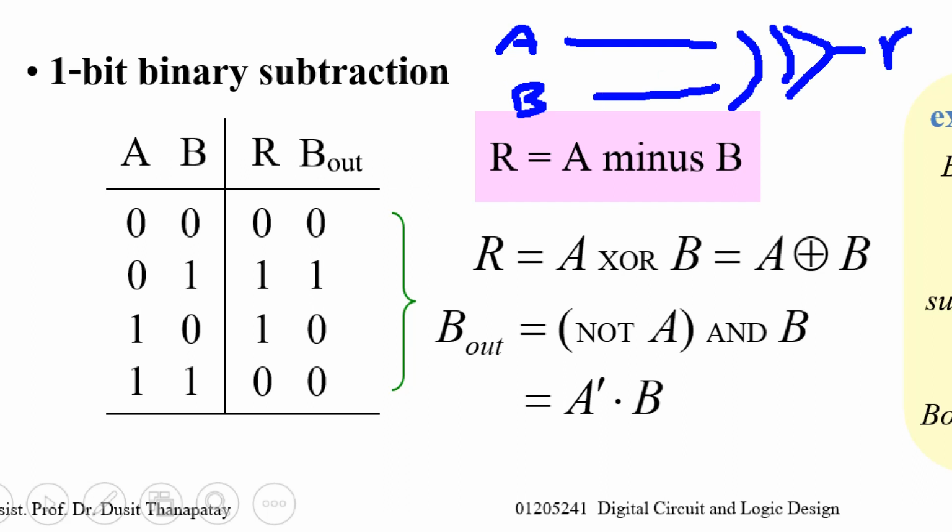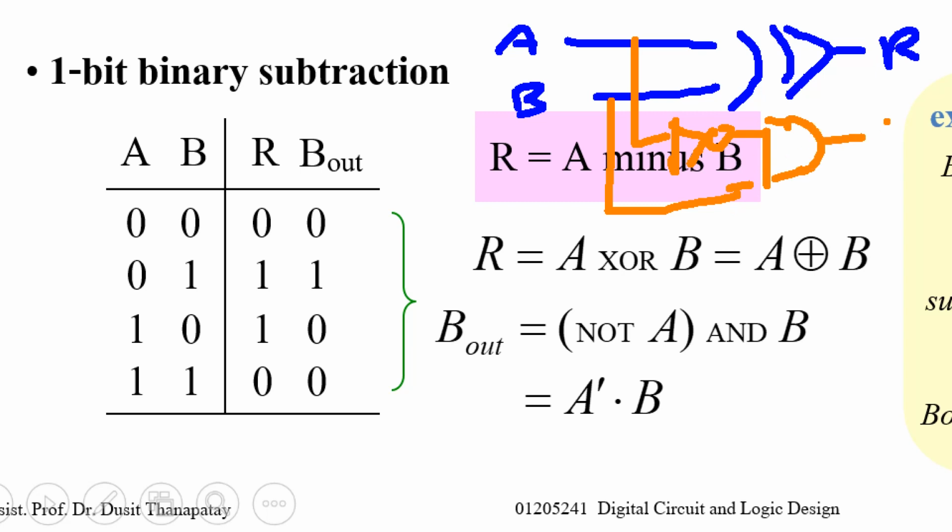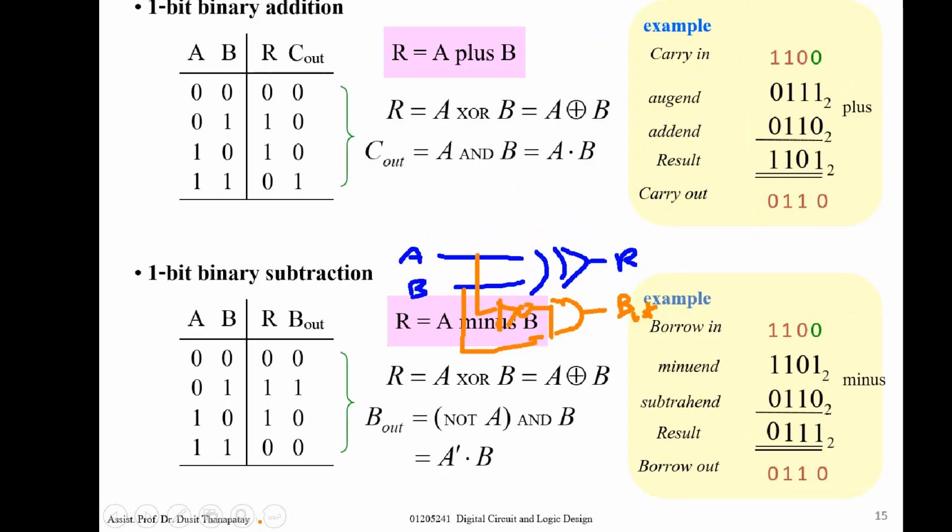Then you get the result of subtraction R. And then for borrow out, invert A and then AND with B. Then you get borrow out. Okay, so now you can design the circuit for subtraction and addition.